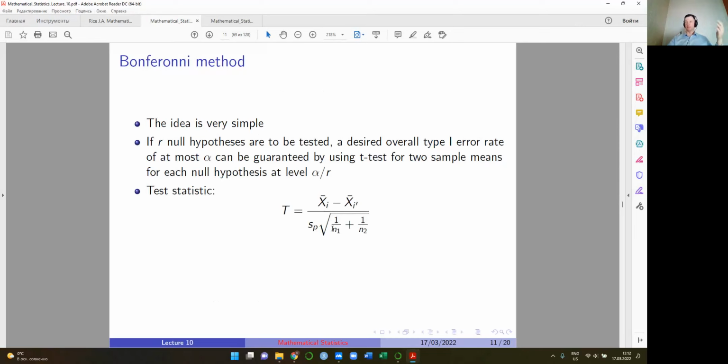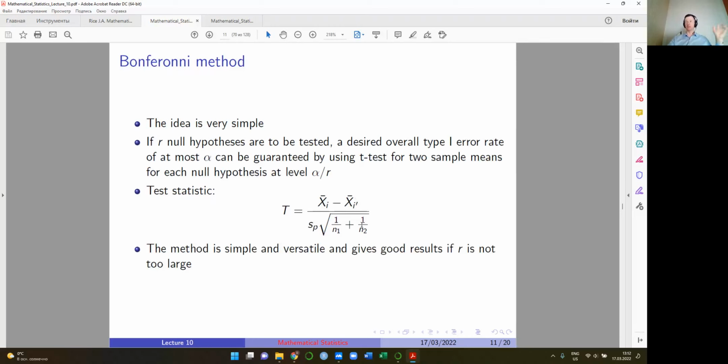The test statistic is the familiar t-statistic from the two sample hypotheses: the difference in sample means divided by the pooled standard deviation multiplied by the square root of 1 over n_i plus 1 over n_i prime, just to have it the same. It's simple, versatile, and gives good results if r is not too large.